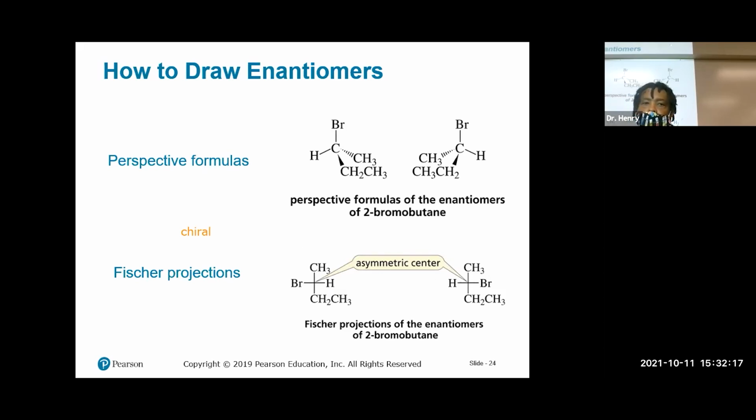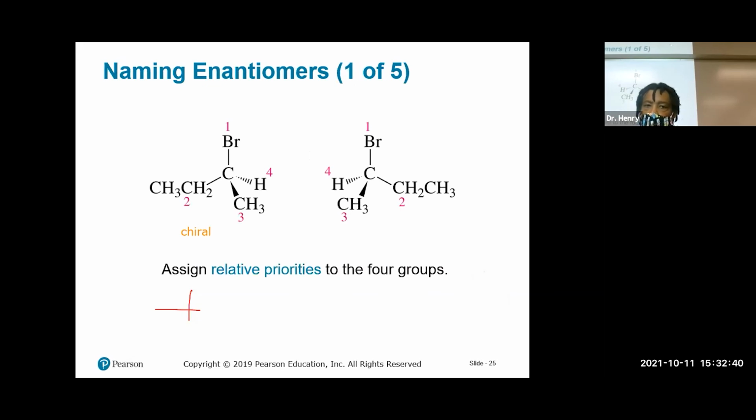Again, a Fischer projection just uses that cross, because we know there are 4 different attachments, and the ones that are not superimposable on each other are going to be in the center plane.